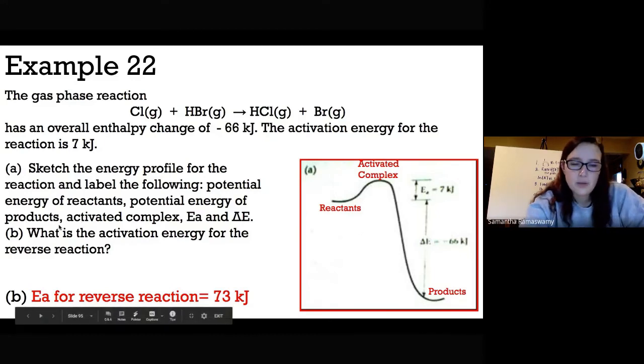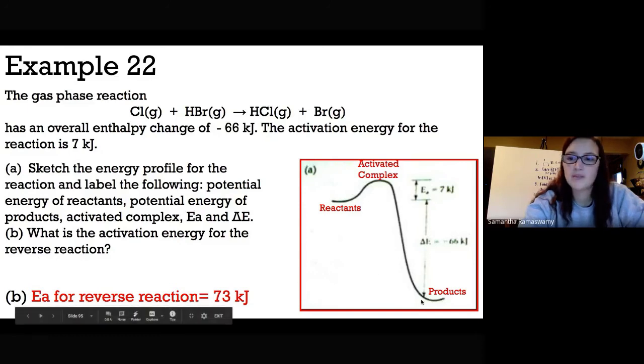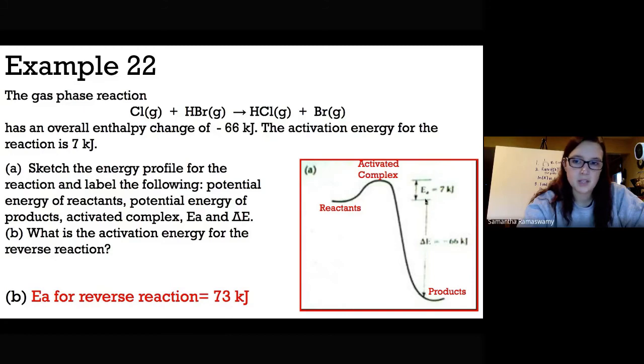Now, I asked in part B, what is the activation energy for the reverse reaction? So the key thing here is reverse reaction. That means if I'm going from the products all the way up to the transition state, what would that activation energy be? Well, to go from the products just up to reactants is 66 kilojoules. Then to go up to the transition state is another 7 kilojoules.